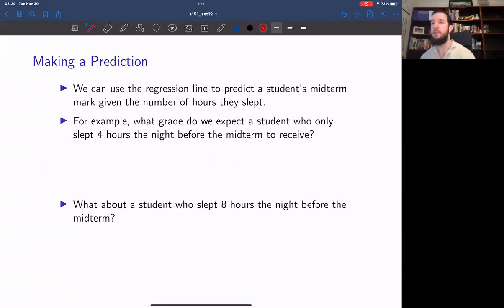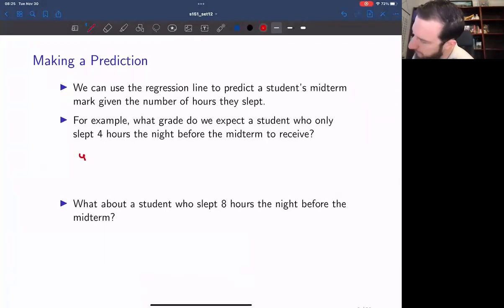So now that we have linked midterm mark to the number of hours of sleep, we can use that line to determine a student's midterm mark given how many hours they actually slept. So for example, what grade do we expect a student who only slept 4 hours the night before the midterm to receive?